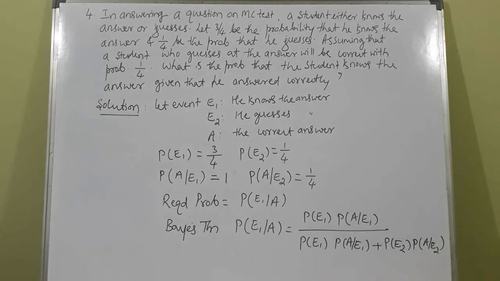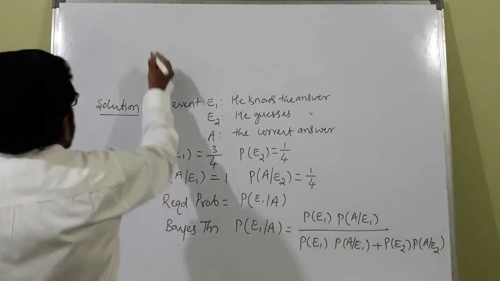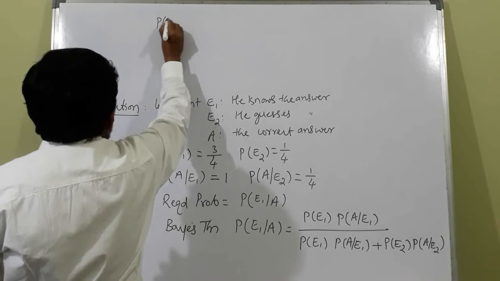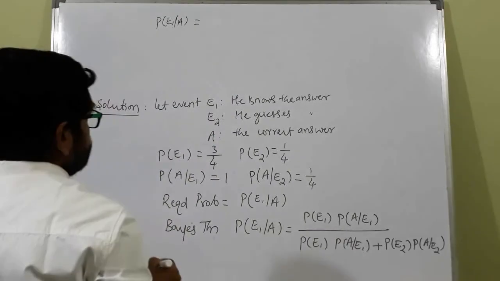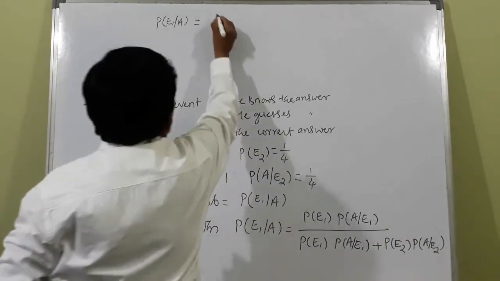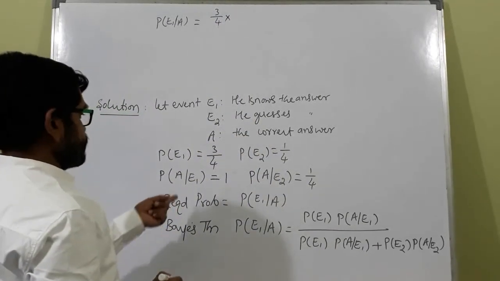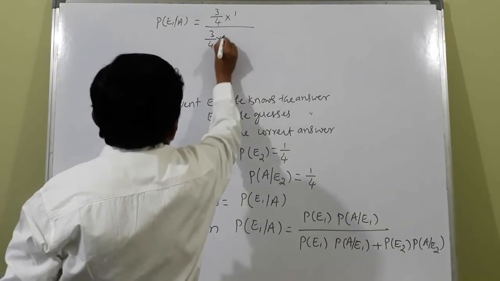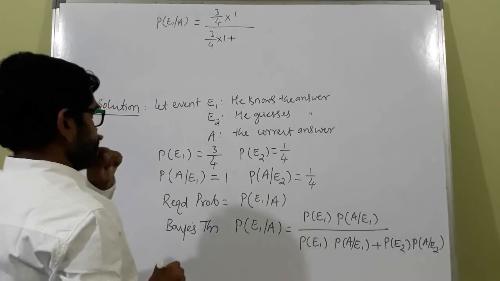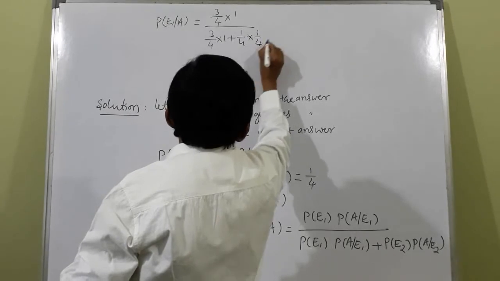Okay, let us substitute the values. Probability of E1 given A is equal to probability of E1, which is 3 by 4, into probability of A given E1, that is 1, divided by 3 by 4 into 1 plus probability of E2, 1 by 4, into 1 by 4.